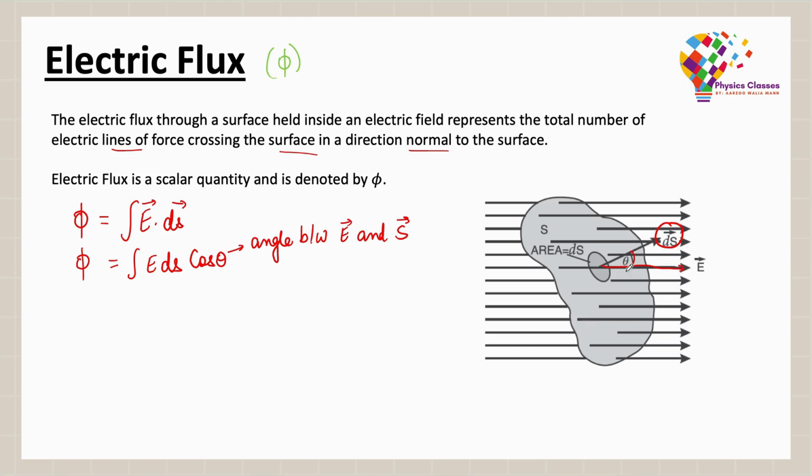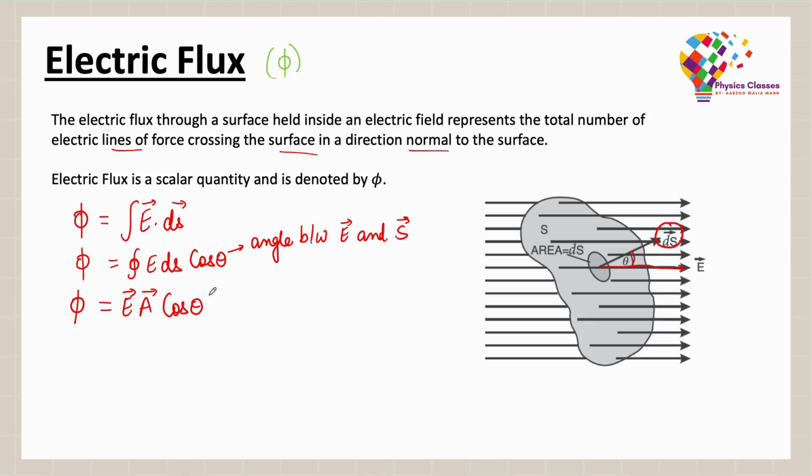Now over here, the integral that we have to take, it's a surface integral. So whatever surface that you're taking, make sure that it's a closed surface. So in general, we can write our electric flux as E, the electric field, times the area vector times cos theta, where theta is the angle between electric field and the surface area.